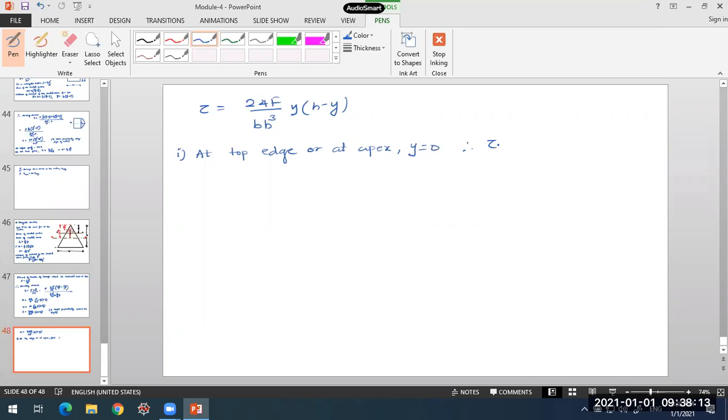Therefore shear stress tau is equal to 0. That is one thing. Second one, what is happening to the y value? Not at the neutral axis, at the bottom edge. We'll come to the neutral axis later. y will be h at the bottom edge.